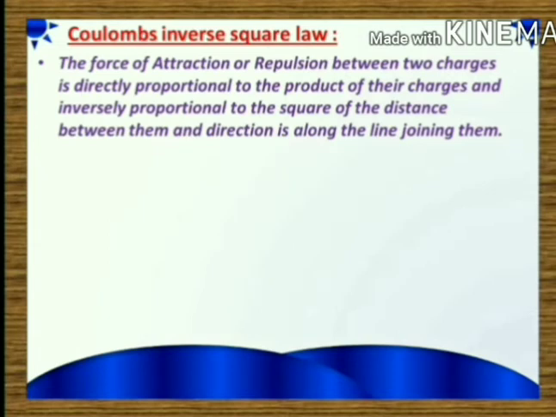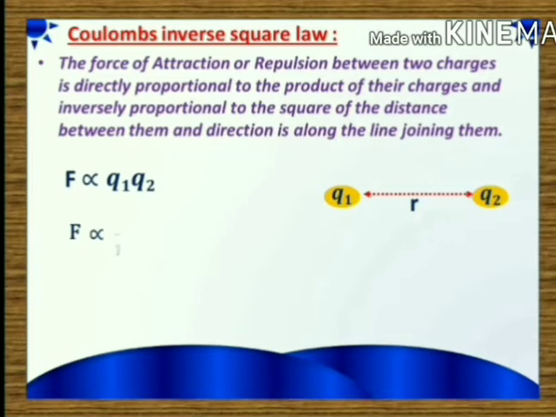Now see here, there are two charges Q1 and Q2. They are separated by a distance r. According to Coulomb's law, F is proportional to the product of charges, that means F proportional to Q1 Q2, and F proportional to 1 by r square, that means inversely proportional to the square of the distance. If I combine these two, F proportional to Q1 Q2 by r square.